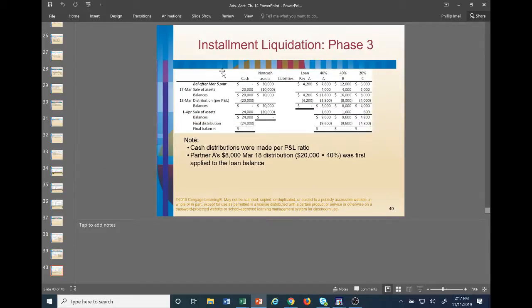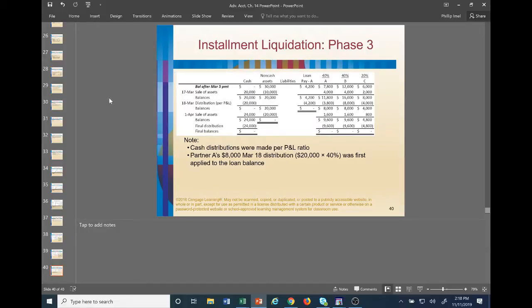On to phase 3 of the installment liquidation. Once again, this is the balance after the March 5th payment. Right here, so the last line on the previous slide. So once again, on March 17th, we had another sale of assets. We received $20,000 for $10,000 worth of the book value of assets.